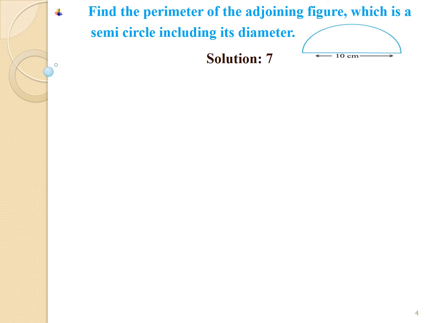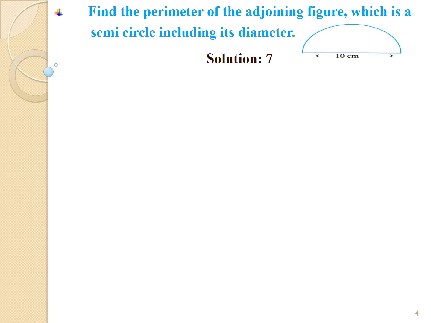Students, you have to remember that perimeter of semicircle is equal to pi r. Students, note that perimeter of circle is 2 pi r, whereas perimeter of semicircle is pi r.